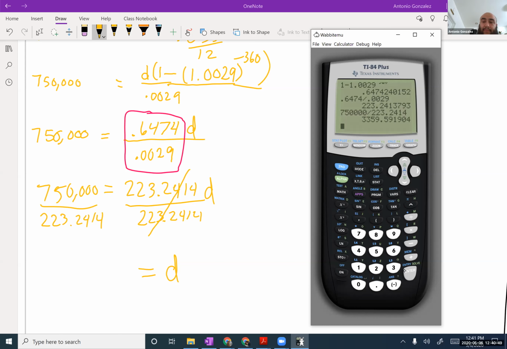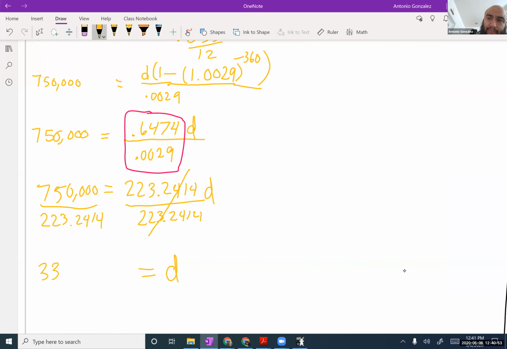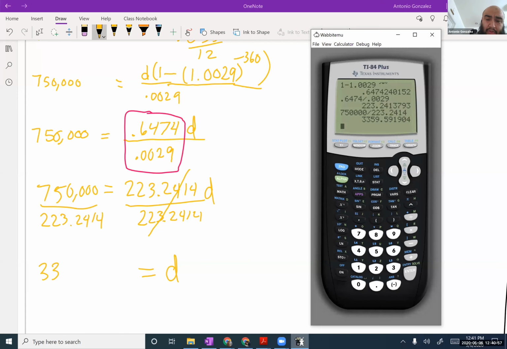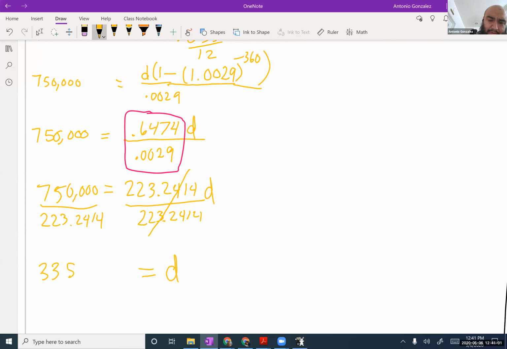And we get 3,000 359, and here I'll go 59 since we are dealing with a monthly payment. So we'll leave it at cents.